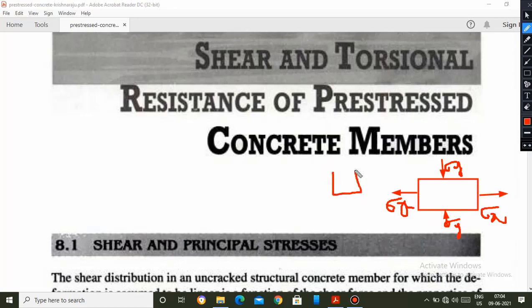If you consider any plane, one force is acting in the upward direction and the other force is acting in the downward direction. Due to the opposing action of these two forces, the member will get sheared in this direction.